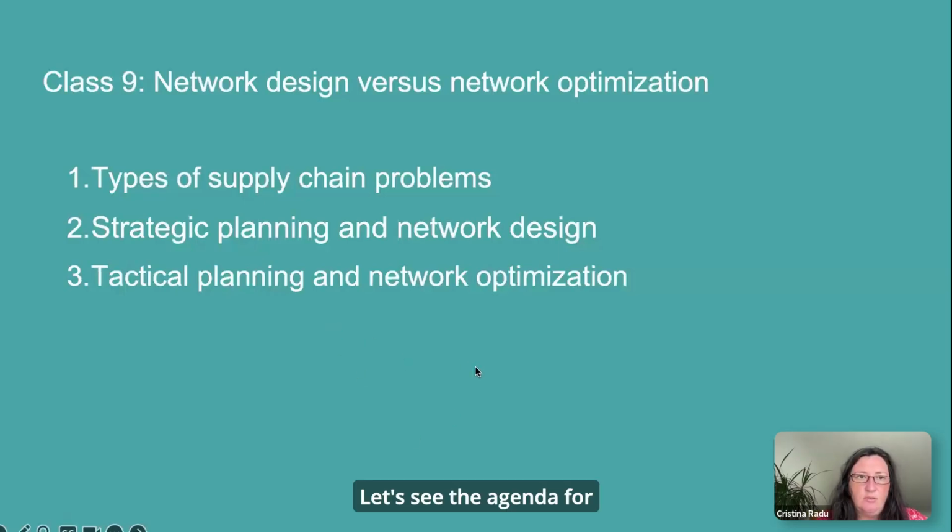So let's see, the agenda for today is that I'm going to explain a little bit about network optimization, what are the concepts, what are the important things to pay attention to, and we are also going to make a little comparison between the network design. Because they are similar problems, but in terms of modeling, we use the same equations, but we have different data, different concepts, and so on. And I think the best way to distinguish them is that the network design is used for strategic planning.